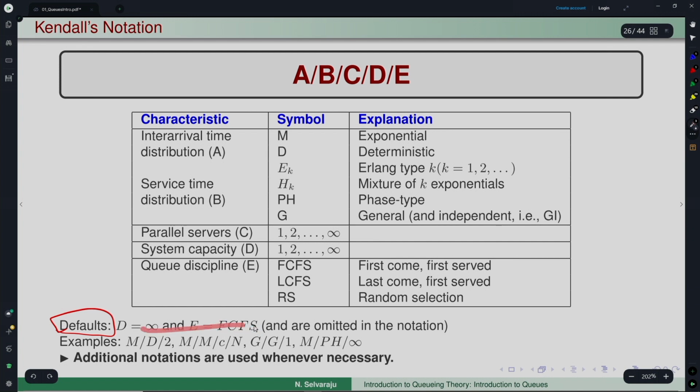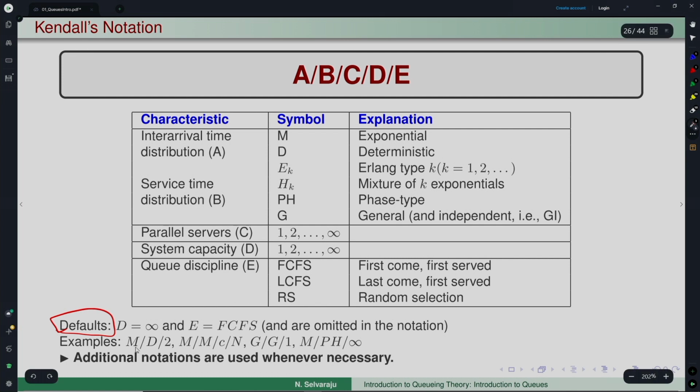So whenever these two hold, they are typically omitted, the D and E, without specifying. If we write nothing, that means this default is assumed: the system capacity is infinity and the queue discipline is FCFS.